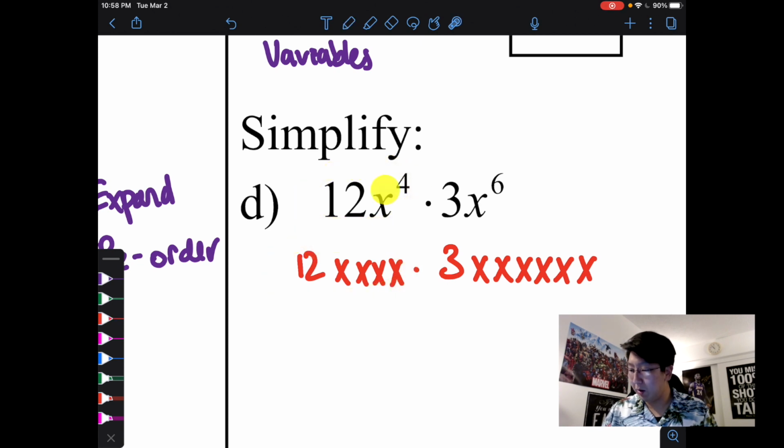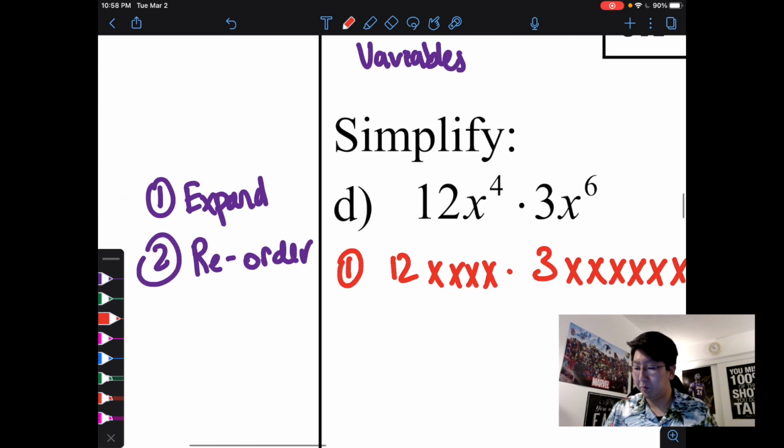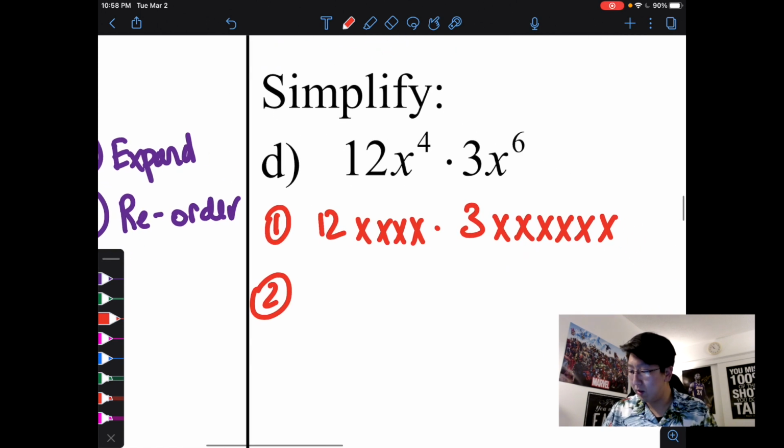So you can see I expanded this right here. 12 and x is raised to the 4th power, so 1, 2, 3, 4 times 3, and x is raised to the 6th power, so 1, 2, 3, 4, 5, 6. So that's the first step, expand.